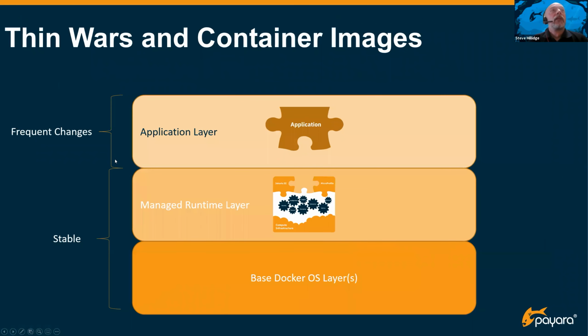So there's one advantage of the deployment process, or the separation of the runtime layer from your application. When you start looking at containers and how you're building container images so that they can be executed on any container orchestrator like Kubernetes, there are advantages to separating out your application layer from your application server or managed runtime or framework, whatever you want to call it.